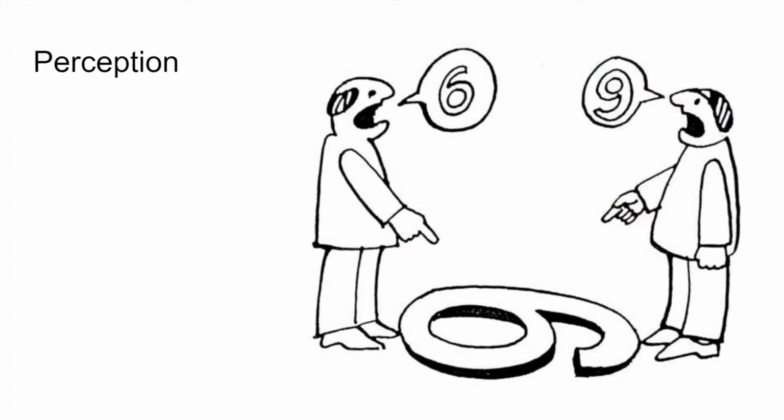These two guys are looking at this number on the ground, and one sees it as 9, the other one sees it as 6, and it depends on your viewpoint, right? So perception. Going back to our first unit where we talked about individual differences, perception is a classic application of individual differences. Depending on where you sit, it's going to affect how you stand.